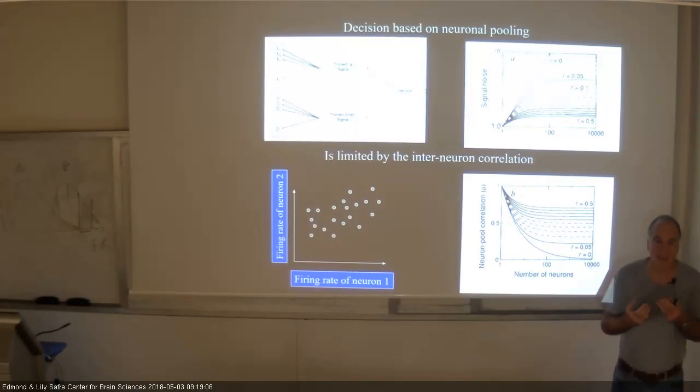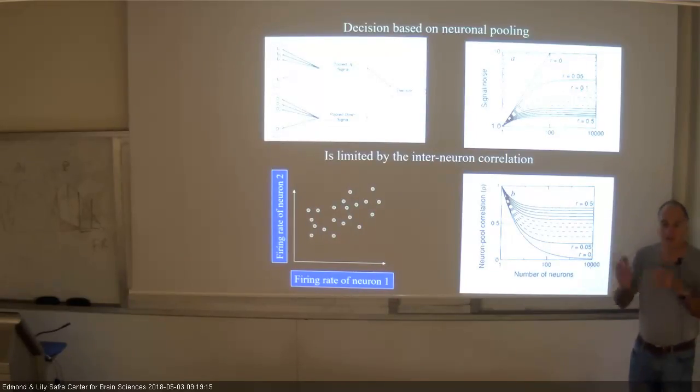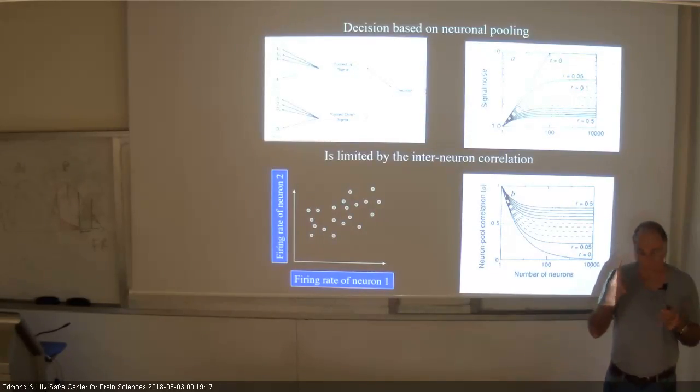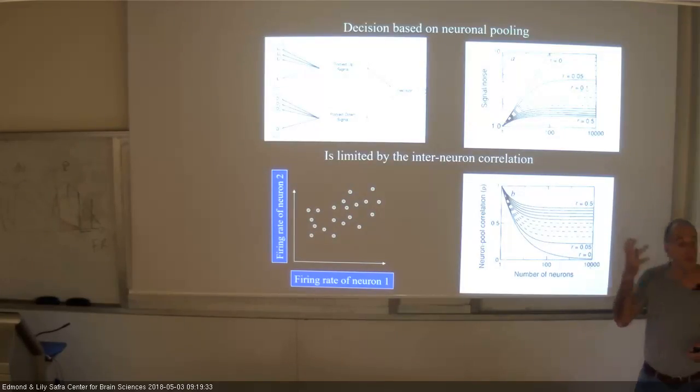So as you increase the number of neurons, the relationship between the individual neuron and the pooled response, which means the population, not just the one neuron, should decrease as you increase the number of neurons that play in the game. And if the correlation between them were 0, it should drop basically to 0. The one neuron would have only a very marginal effect on the pooled response.